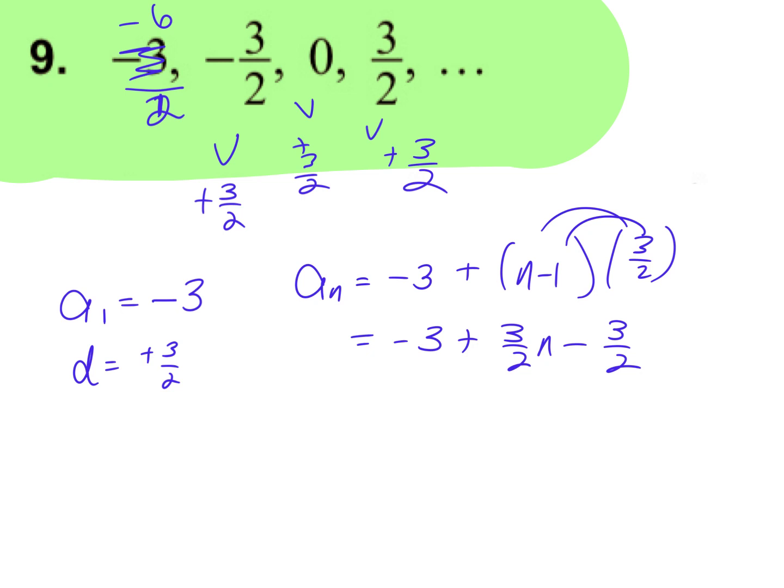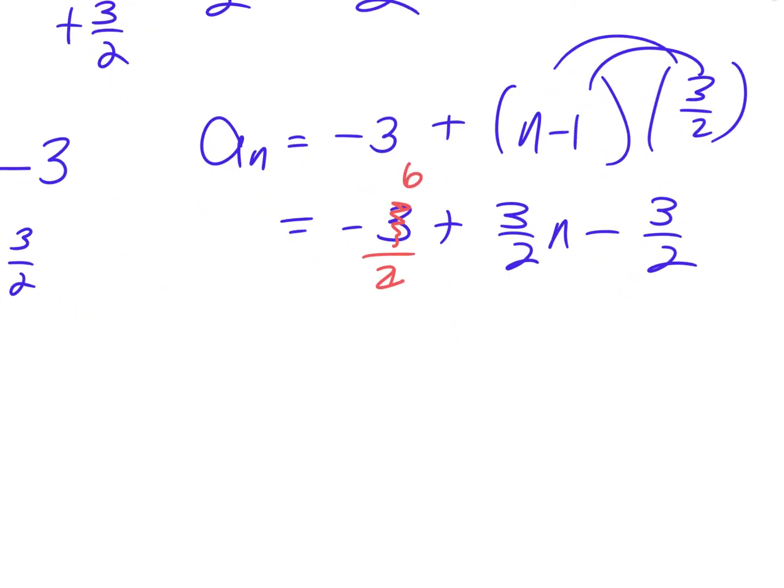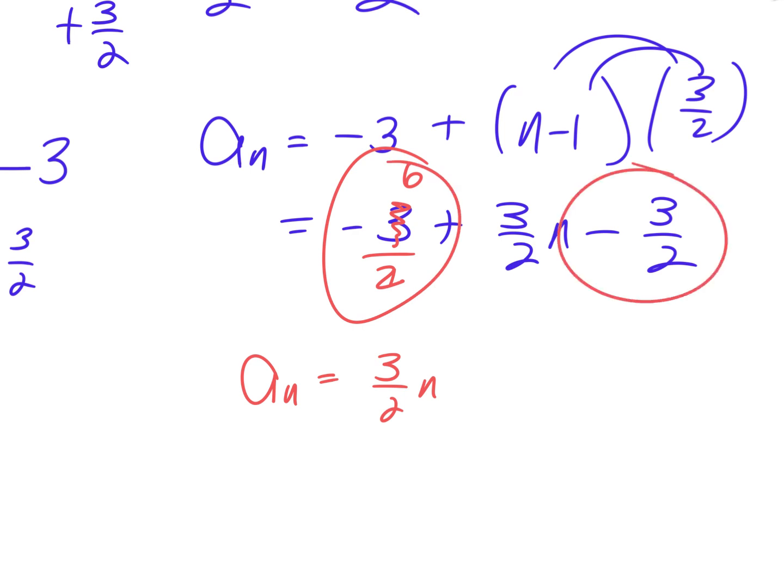I'm going to go ahead and change this negative 3 over 1 to negative 6 over 2, just so it's easier to look at. And then when we combine like terms, my rule is a sub n equals 3 over 2n. And when I combine these two, what do I get? What's negative 6 over 2 minus 3 over 2? Negative 9 over 2.